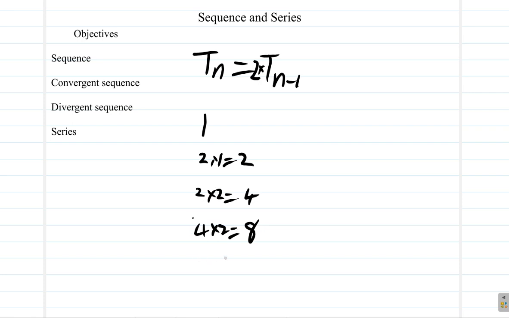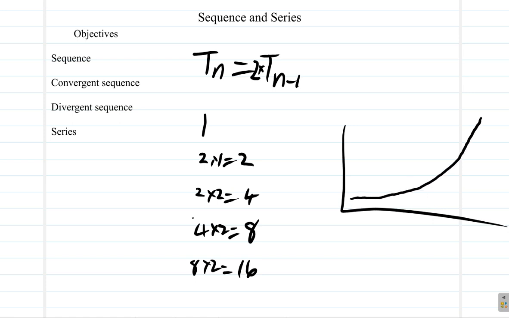Next term, we did this before, but we want to see whether it's divergent or convergent. 8 times 2, which is 16. So if you should plot the graph, you would see it going up like this. So it's divergent. It's spreading out, right? And as you go on and on, the answers would get larger and larger. So in that case, it's divergent, getting bigger and bigger.